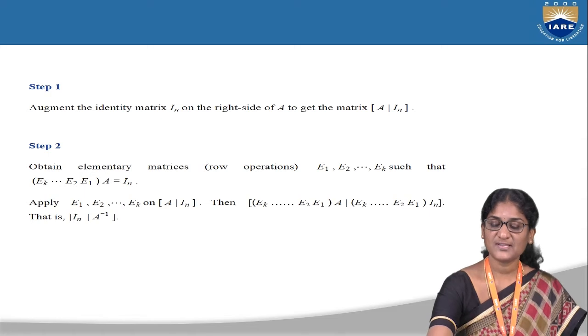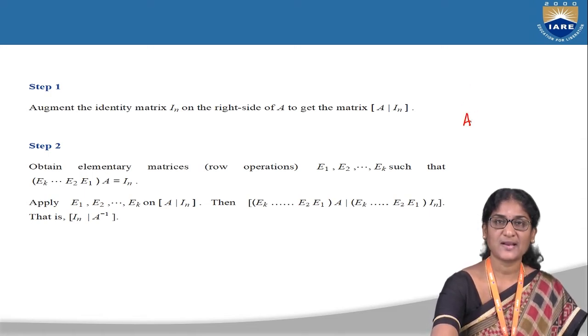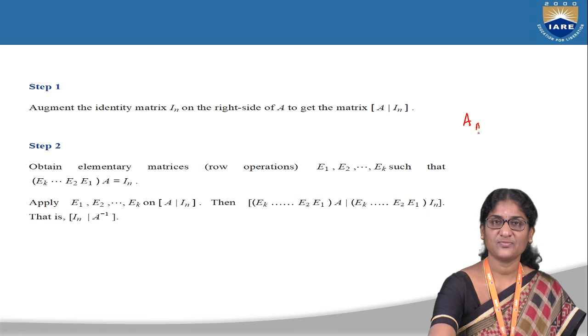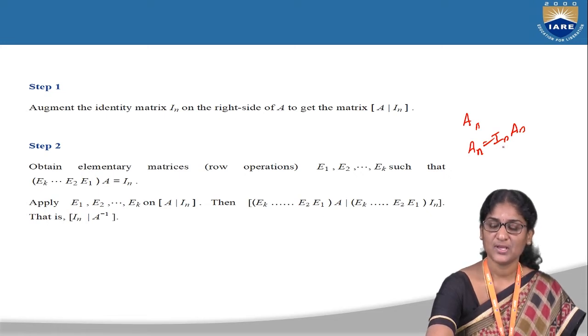First, consider the matrix A, whose inverse has to be found, which is a square matrix of order n. Then you assume An is equal to the product of identity into An, because the product of a matrix with identity is the matrix itself. So In into An is nothing but An.